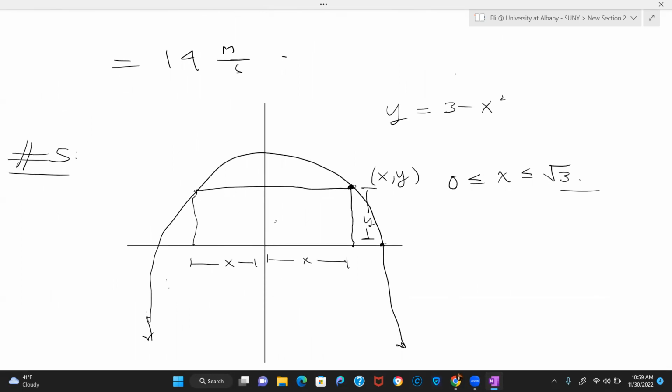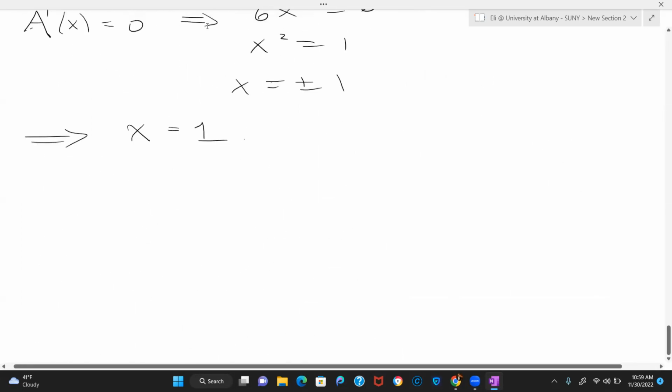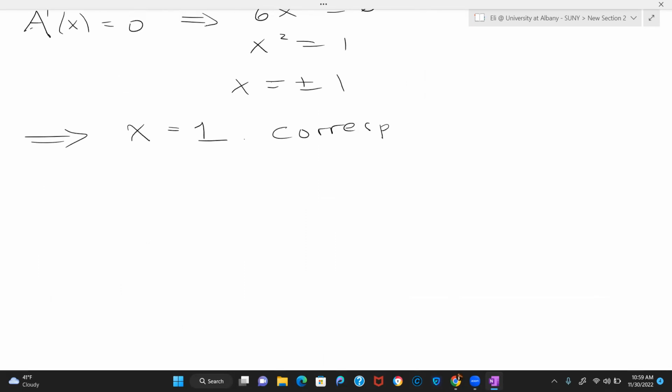You can plug those into the area function and see that. So this corresponds to the maximum area. All right. So that's that.